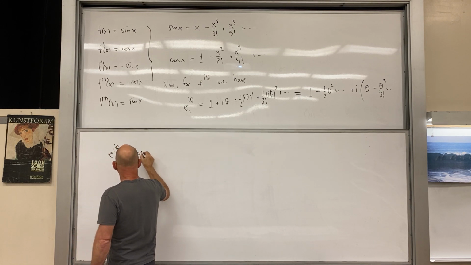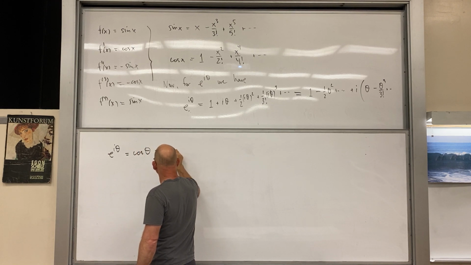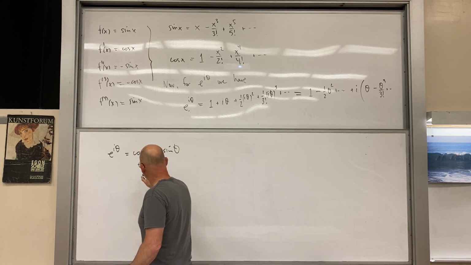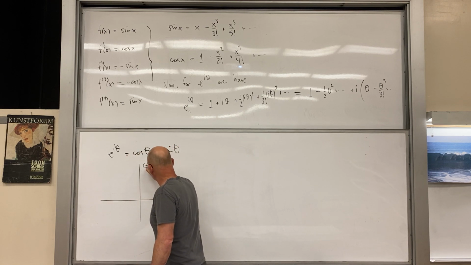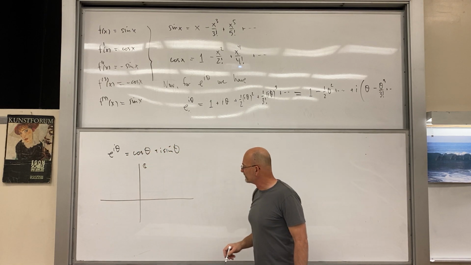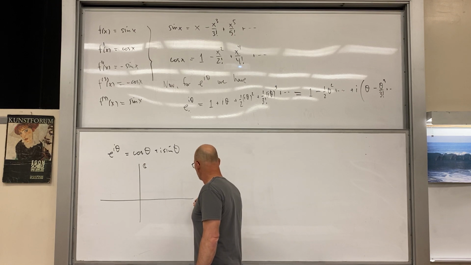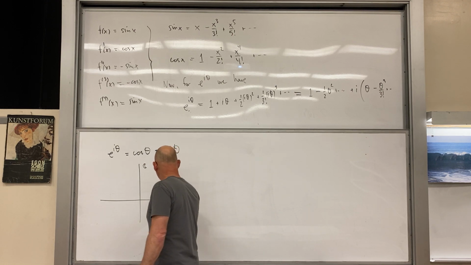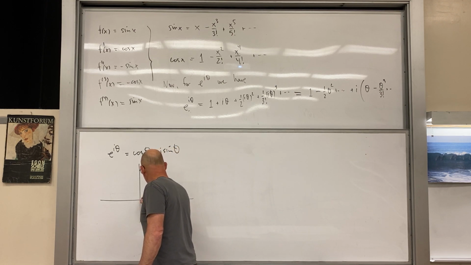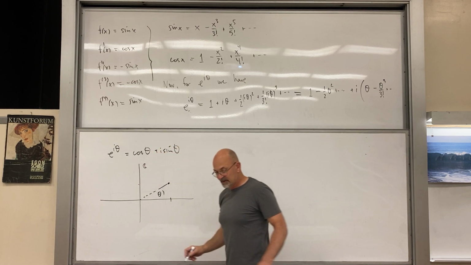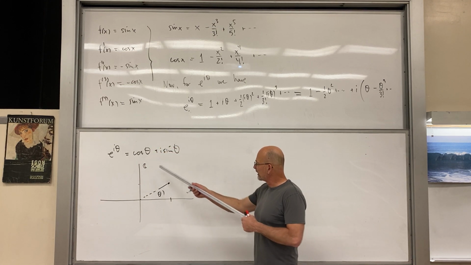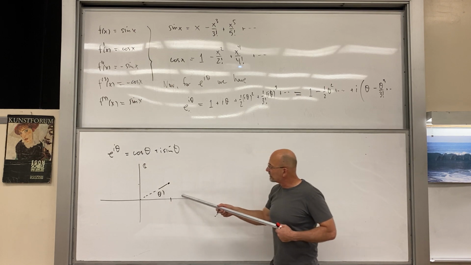Since it's cos theta plus i times the sine of theta, if we just go to the complex plane and take any old complex number here, there's an angle theta, and we've got the real part, cosine theta.